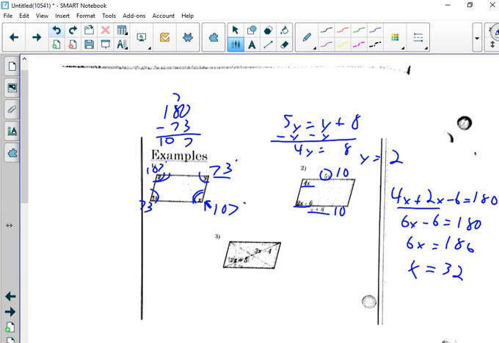We plug it in. 4 times 32 is 128. And then 2 times 32, which is 64, minus 6 is 58.